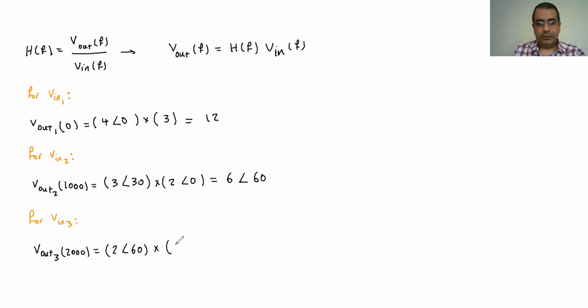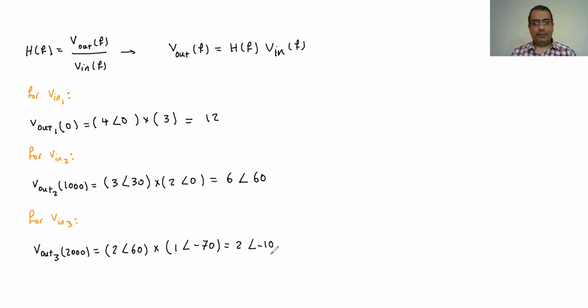So it's 2 times 1, which is 2, and the angle is 60 plus negative 70, which comes out to negative 10.